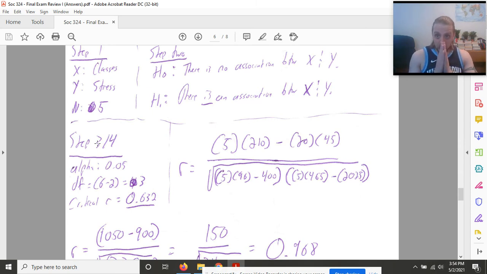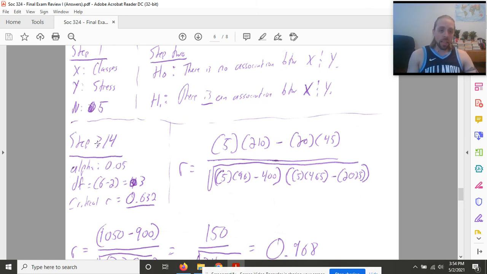Now, you may remember from class, Pearson's R is designed so that it is always going to land somewhere between -1 and +1. The closer it is to one of the extremes, the stronger of a correlation we have, the higher our significance level. So, oh, sorry, let me go backwards.